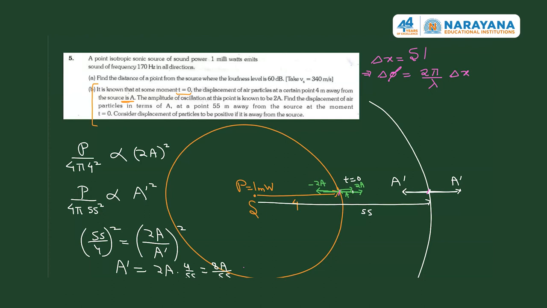Now let's look into all the calculations carefully. This value is 51. Lambda in this problem we can find out because frequency was given and Vs was given. So this comes out as 340 on 170, which is 2.